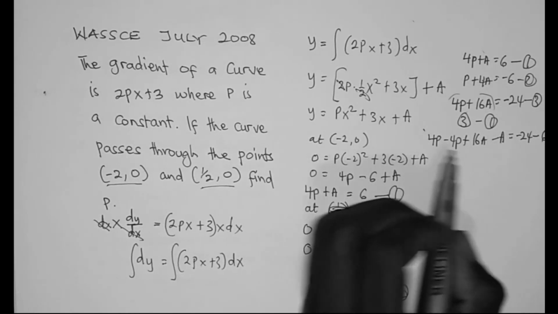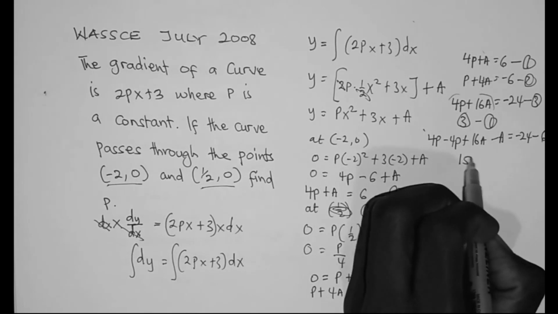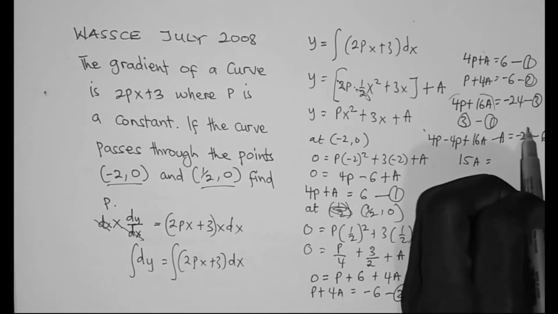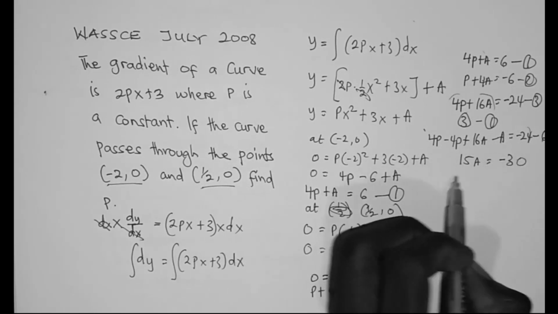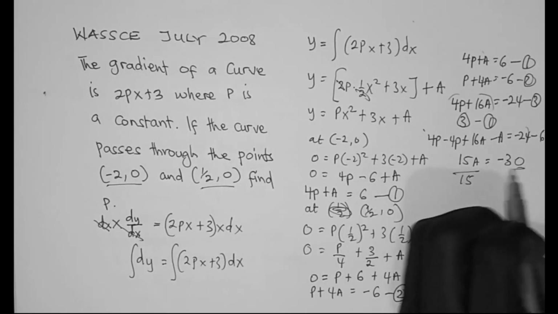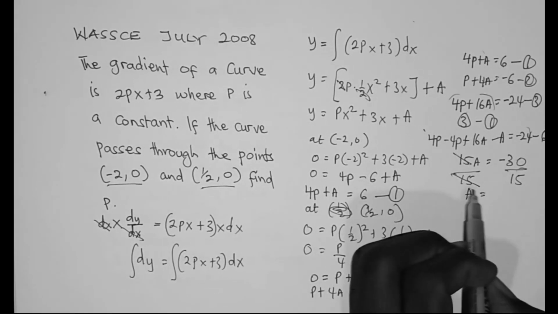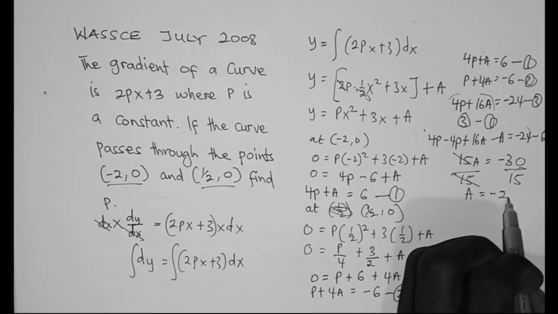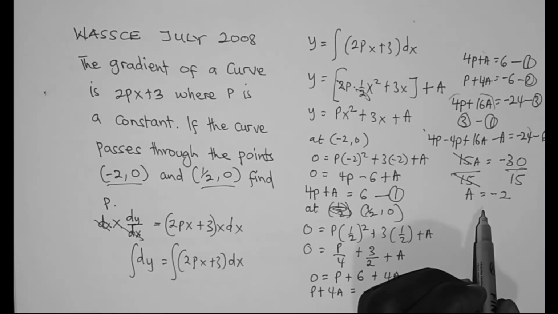So 4p minus 4p is 0. Then 16a minus a equals 15a equals minus 24 minus 6 equals minus 30. So if you divide through by 15, a is equal to minus 30 over 15 is minus 2.